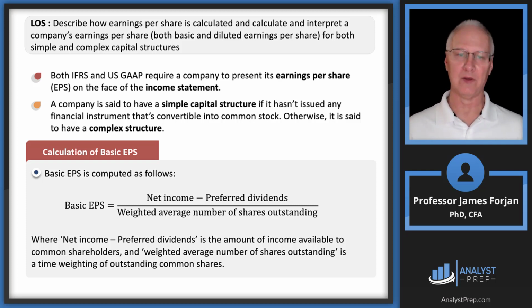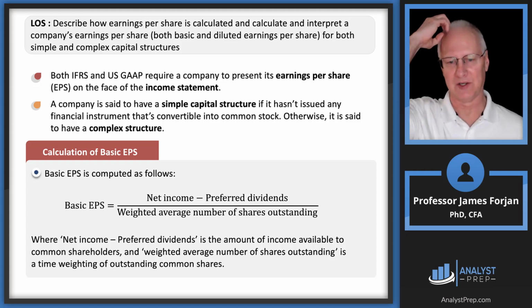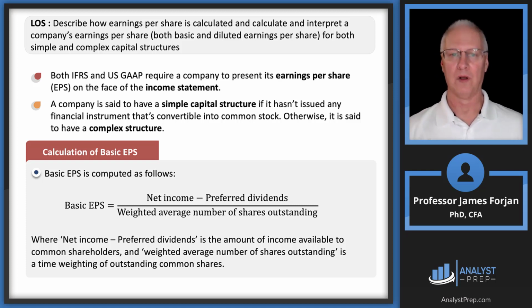And some companies award their upper level and even middle management team what are known as stock options, which of course when exercised can increase the number of outstanding shares. So let me just repeat myself here. A simple capital structure is one that has none of those securities. A complex structure is a structure that does have some of those convertible securities.